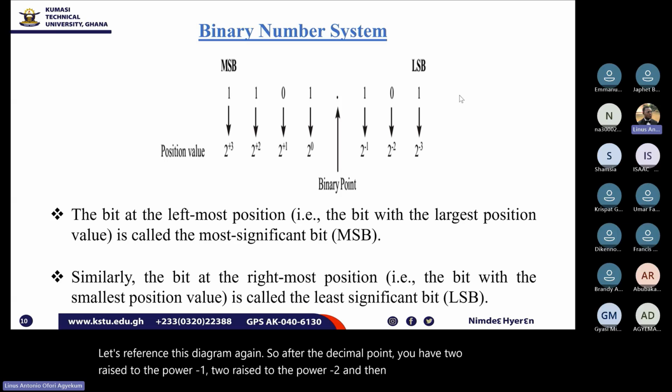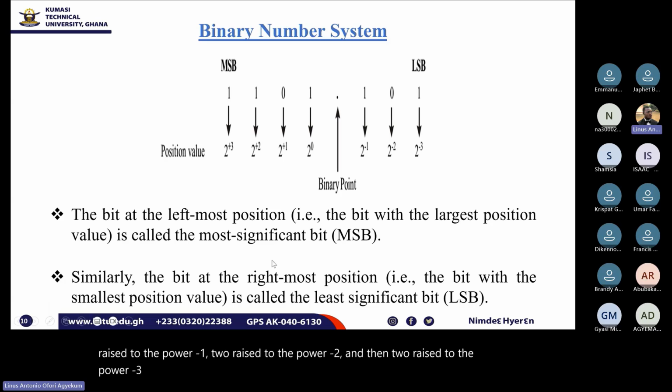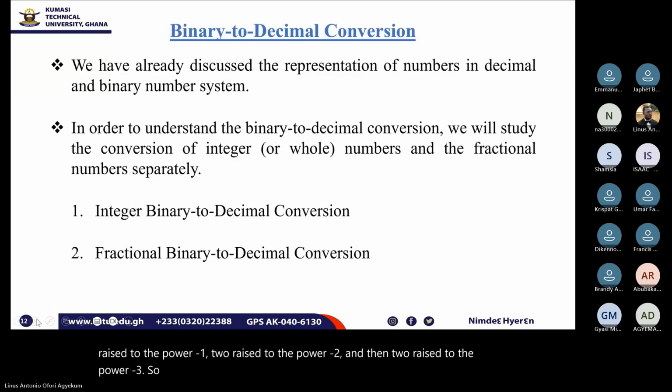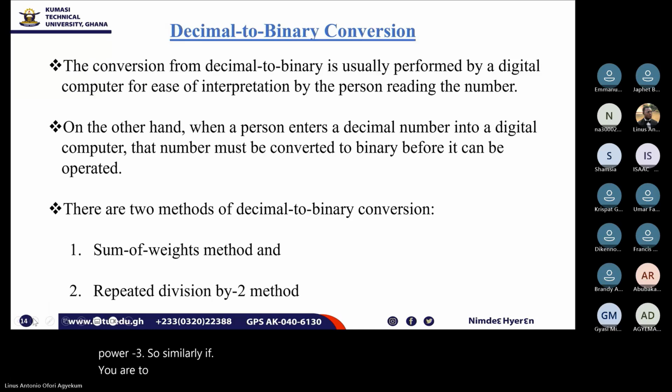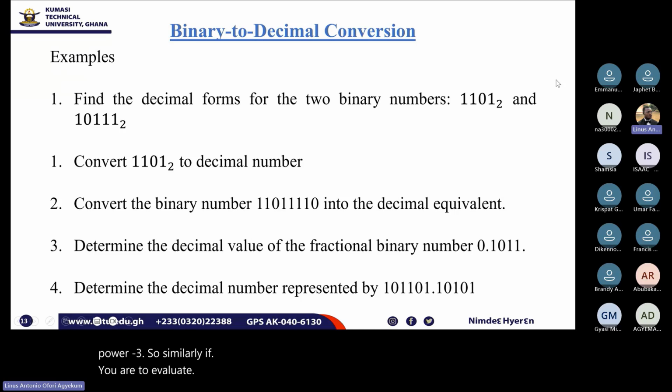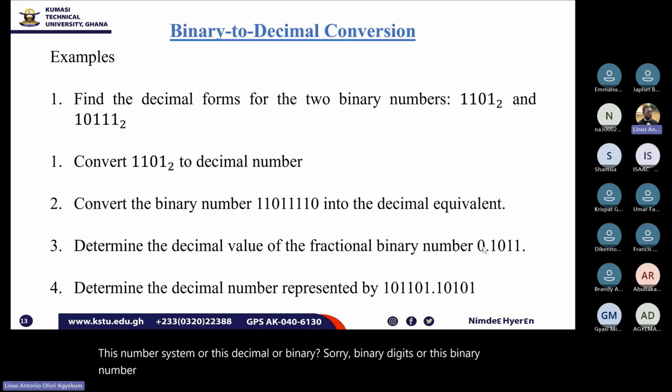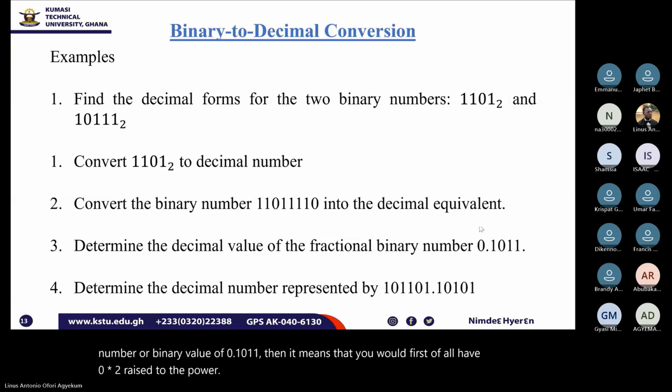So similarly, if you are to evaluate this binary number or binary value of 0.1011, then it means you would first of all have 0 times 2 raised to the power 0, then the decimal point, then you'd have 1 times 2 raised to the power -1.